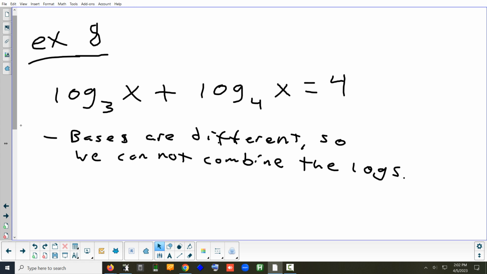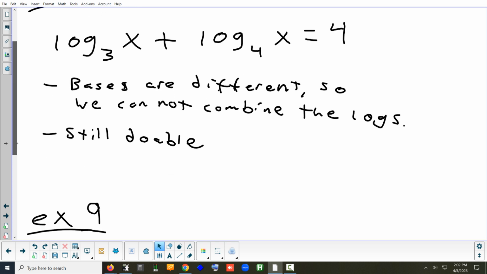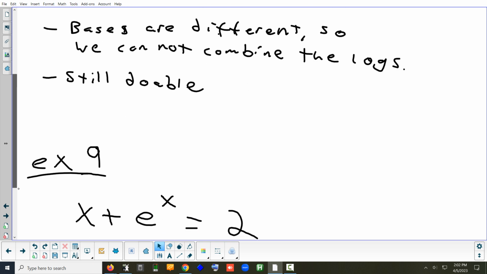You just can't do it by combining the logs together in a relatively quick way. So it's still doable. It's just not really something we're going to look at, but I want you to notice you can't do it the way you might think you could because the bases are different. But definitely still doable with algebra. I know how to do that with algebra.